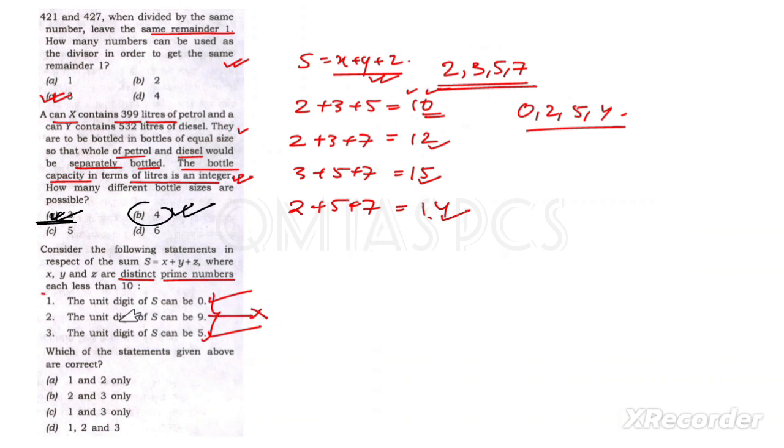So only 1 and 3, that is option C. It was easy. Have you done this one? I guess you have done it right. If you have doubt in this one, please comment. Fine. We are moving to the next question.